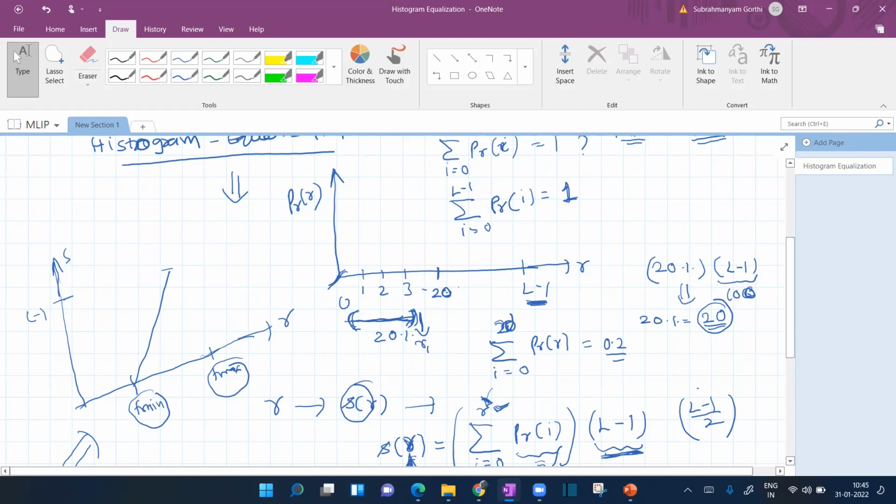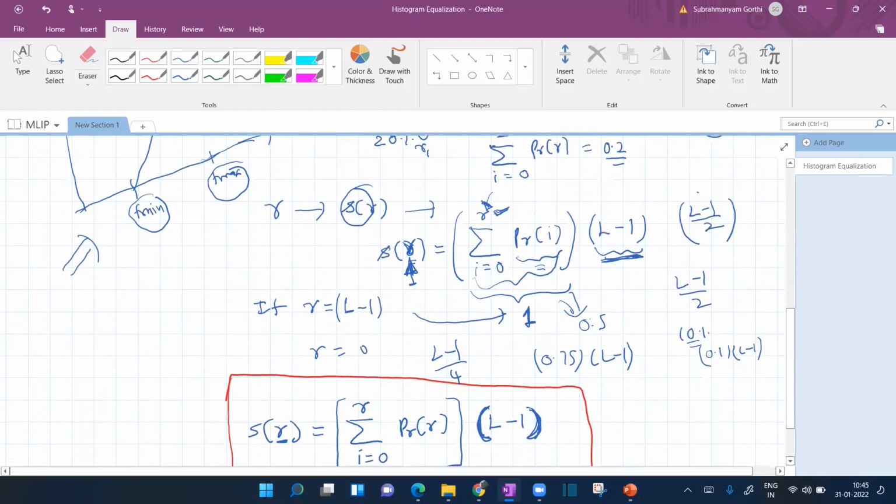What makes an image a good image? Here we come up with a hypothesis that if my intensities are from 0 to L minus 1, and I'm leveraging all intensities, it is a good image. That is the hypothesis that we have come up with.